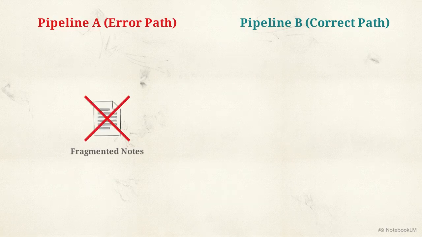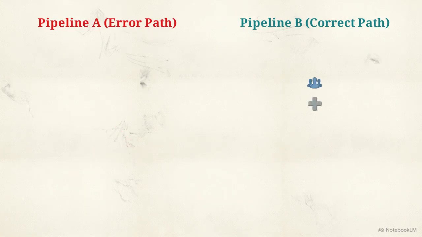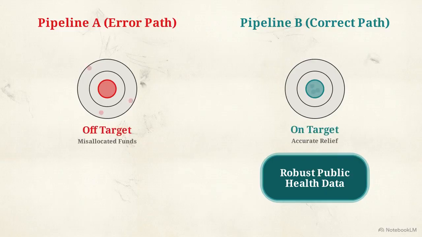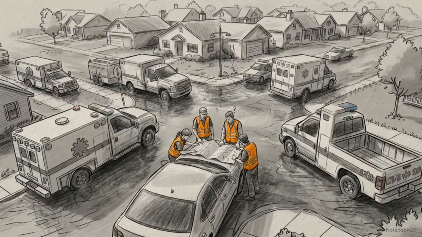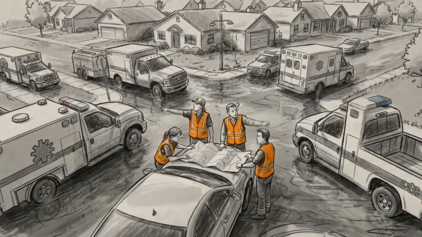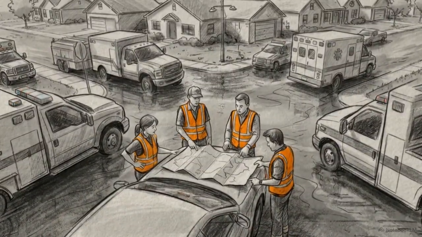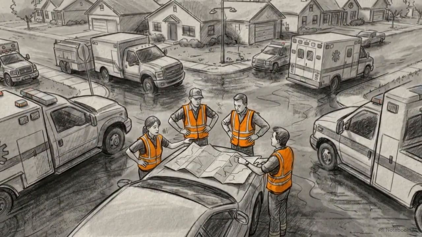The third error is ignoring social factors in fragmented notes. Contrast this with pipeline B, where properly stacked codes flow smoothly. Without this robust data, public health reporting skews off target, misallocating disaster relief funds. Administrative errors in this domain have high-stakes consequences. Inaccurate data degrades the intelligence a community relies on to mount an effective disaster response.